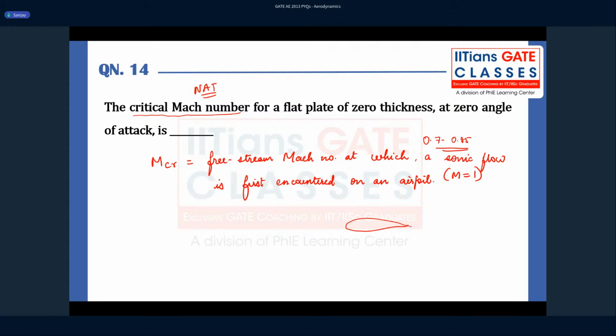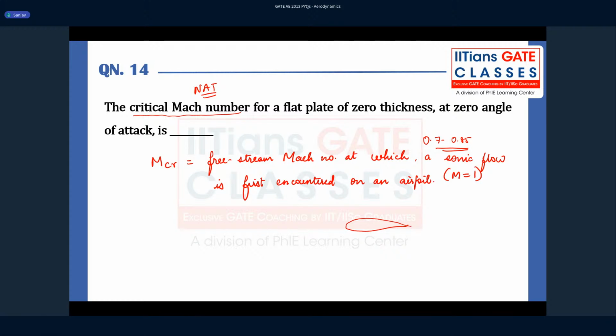The flow is going to accelerate on the upper surface of the aerofoil, where the pressure is going to decrease. As a consequence of this acceleration, the velocity is going to increase, so the Mach number is going to increase.